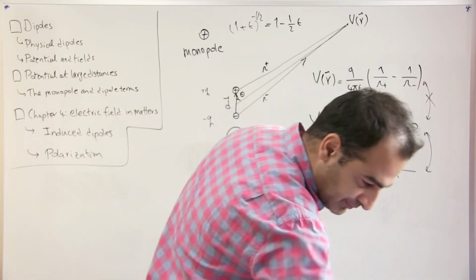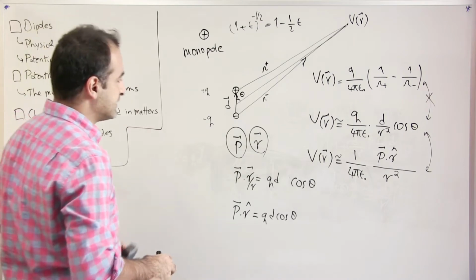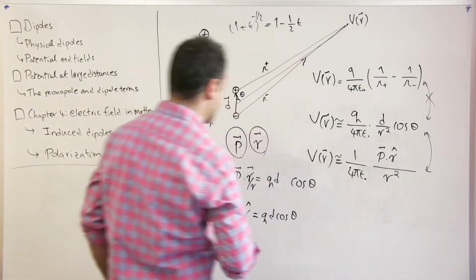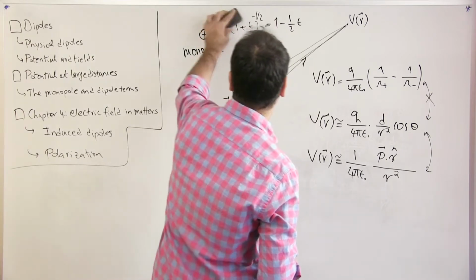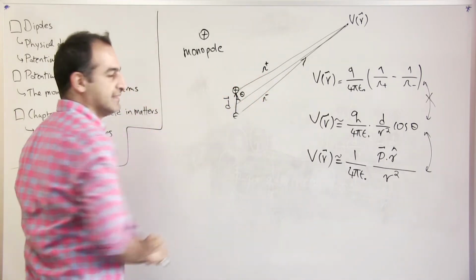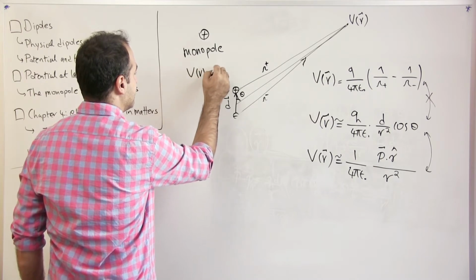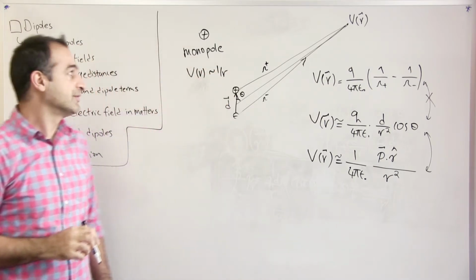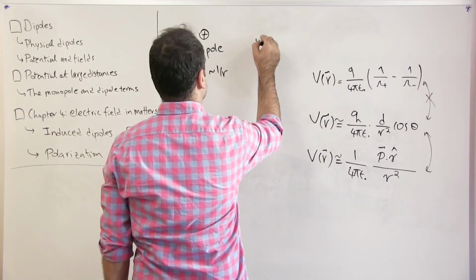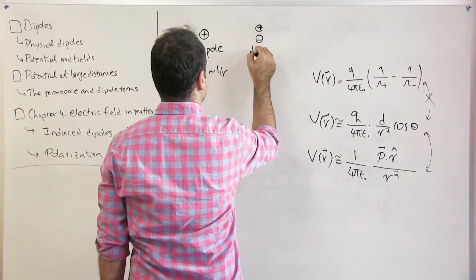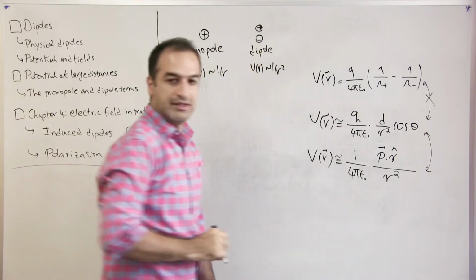Something special about this is how the potential decays as a function of R. When we had a monopole, one single point charge, the potential as a function of R decays in the form of 1 over R. And then if you have a dipole, negative and positive, the potential decays as a function of 1 over R squared.